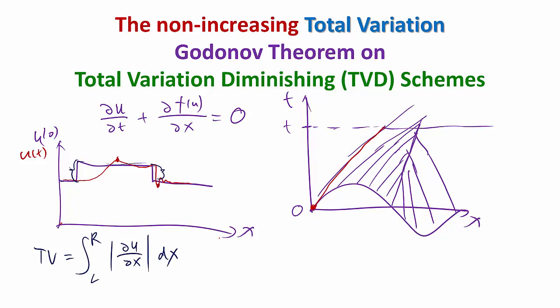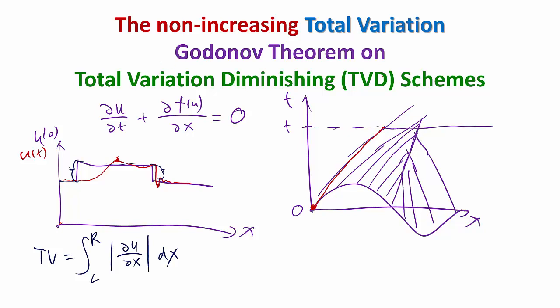And when you have shock waves, it should monotonically decrease, because you can have characteristics run into shock waves and disappear. You can have maximum decreasing and minimum increasing. So what we want to achieve to avoid this non-physical solution is to have a numerical scheme that respects that property in the discrete solution. And that's what we mean by total variation diminishing, or TVD schemes.